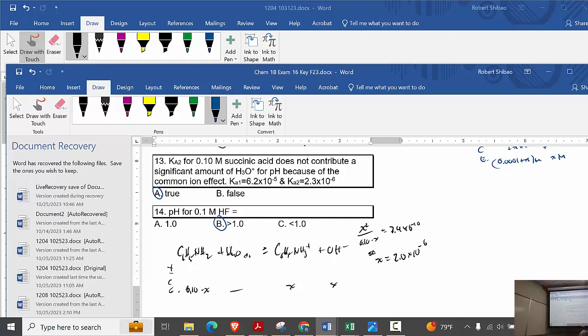Now you're thinking, okay, times 10 to the minus 6, it's kind of borderline because you think Kw can contribute, because Kw can have a max of 10 to the minus 7, but when there's the common ion effect, it drops it like an order or two of magnitude. So if we go down to 10 to the minus 8, it's not really going to have an impact on this.